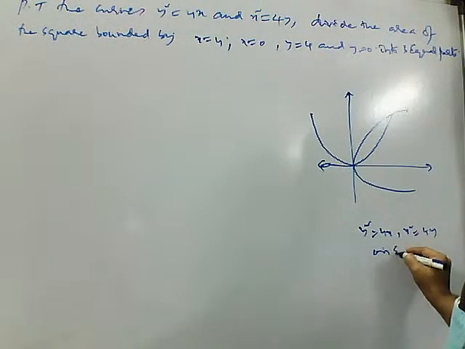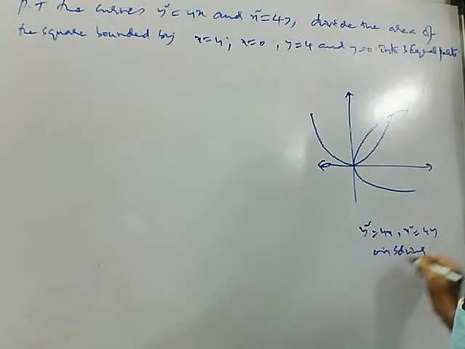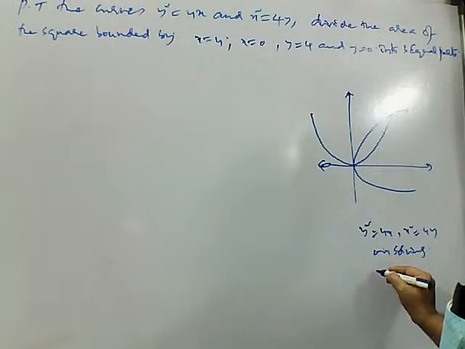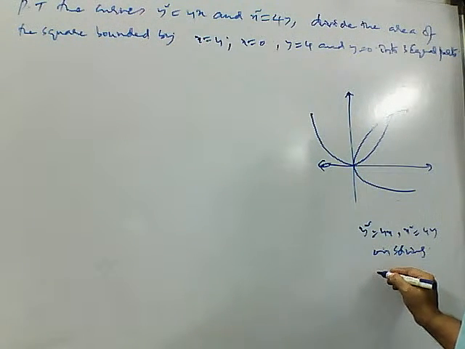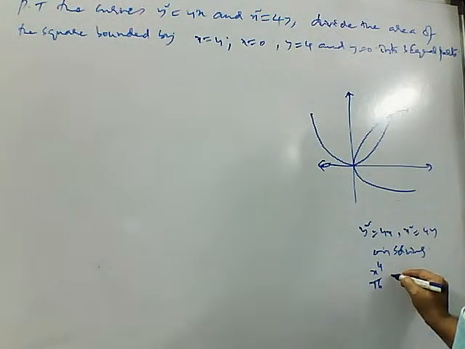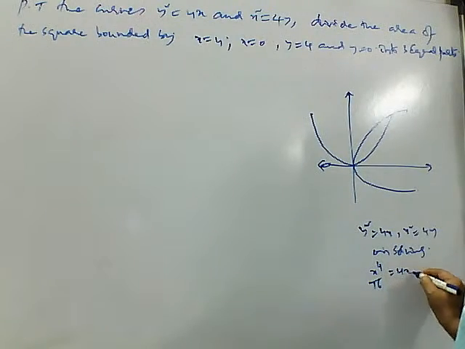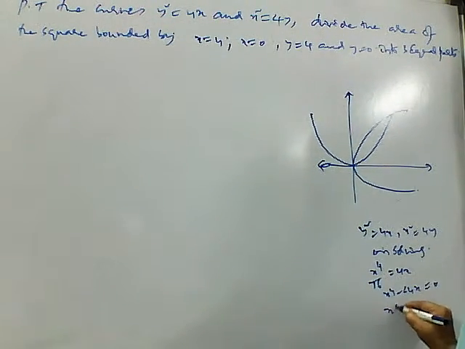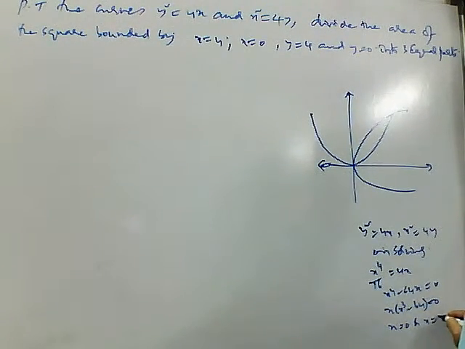On solving, what happens? x power 4 by 16 is equal to 4x, x power 4 minus 64x is equal to 0, x into x cube minus 64 is equal to 0, so x is equal to 0 or x is equal to 4.